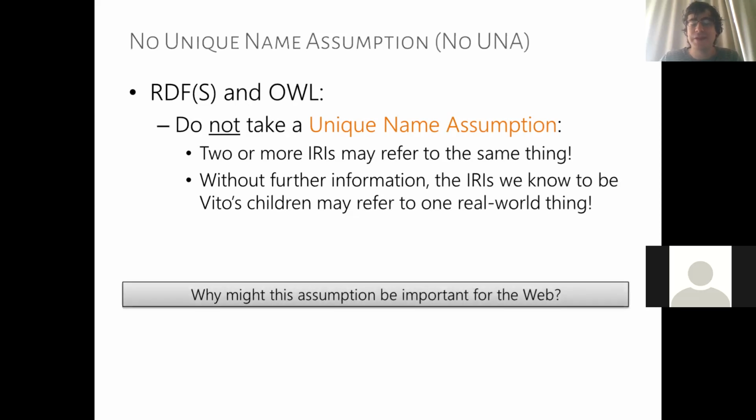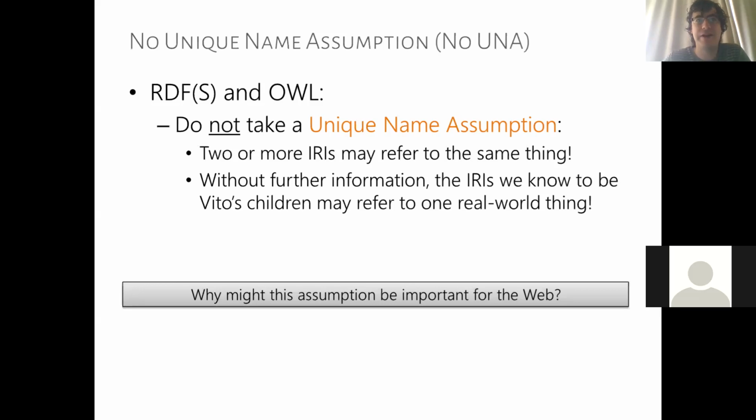So why is this assumption important for the web? Again, we could argue that if we have different websites, and one website's talking about Chile and another website's talking about Chile, if we were to enforce a unique name assumption, it would mean that every website out there has to use the same name, the same IRI, to refer to Chile. Otherwise, it would create inconsistencies and problems, because we would have assumed that those Chiles are different if they have different names.